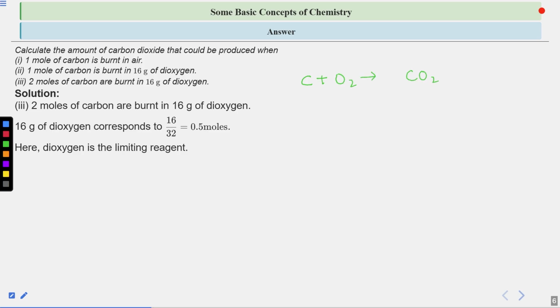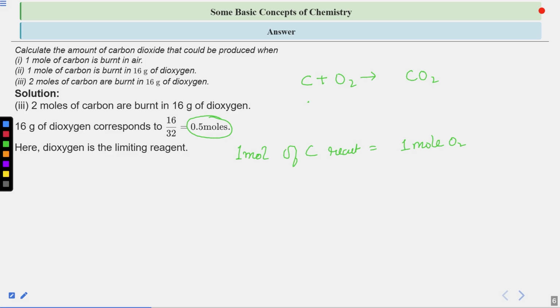CO2. Again, I am repeating it. So let me just write it here. Okay. So if 1 mole of carbon reacts with how many moles? 1 mole of oxygen. Then 0.5 moles of oxygen will react with how much carbon? So it's a direct unitary method.